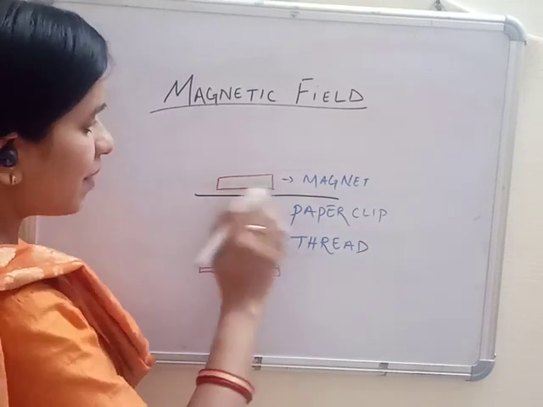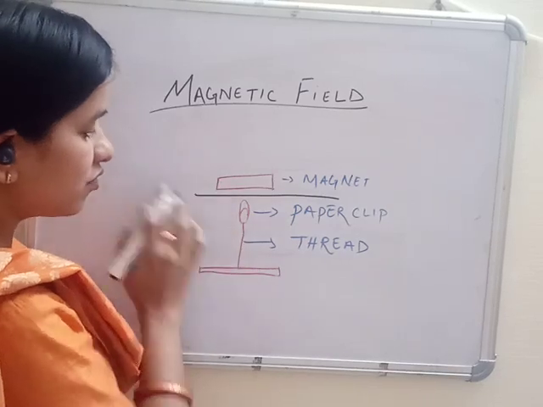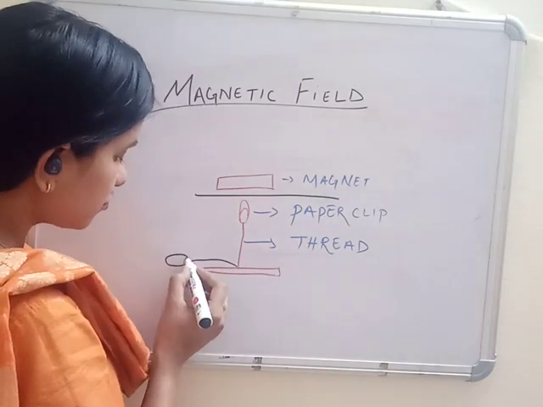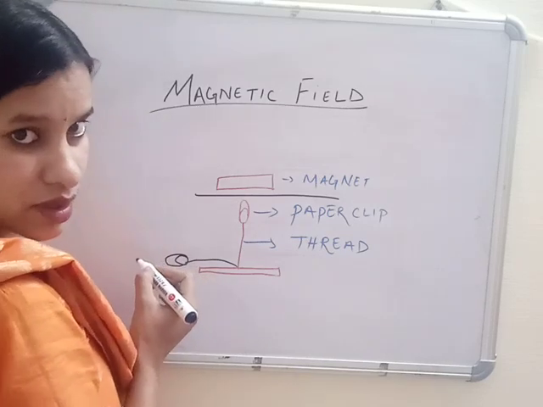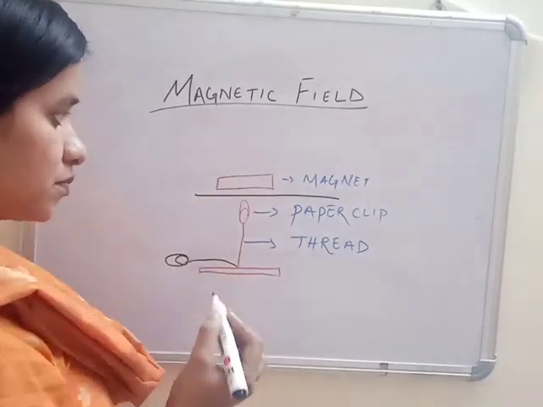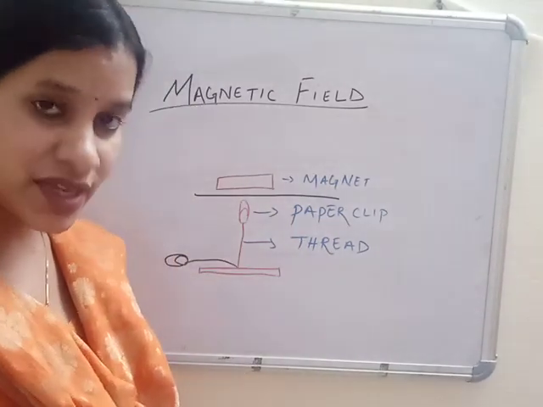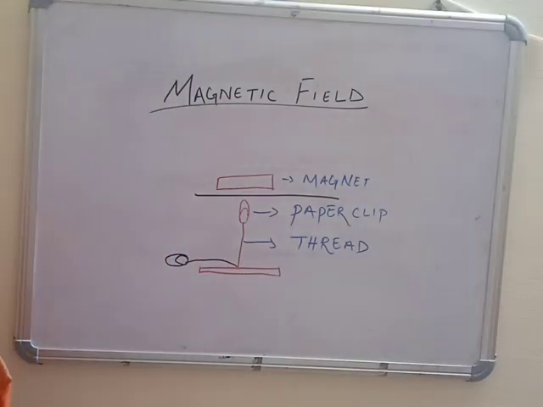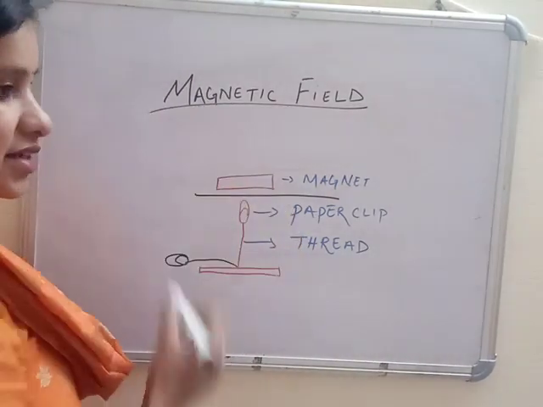Now, if the magnet is removed from above, the paper clip would normally lie down over here. But as the magnet is here, it is directed upward. Why? Because the paper clip is a magnetic substance and it is attracted by the magnet.